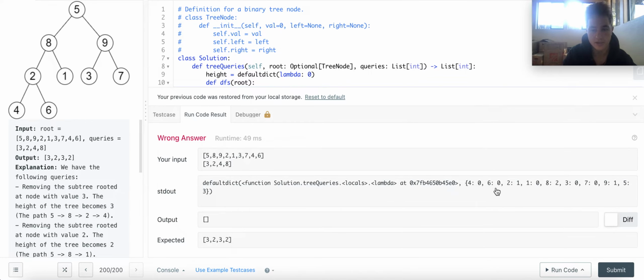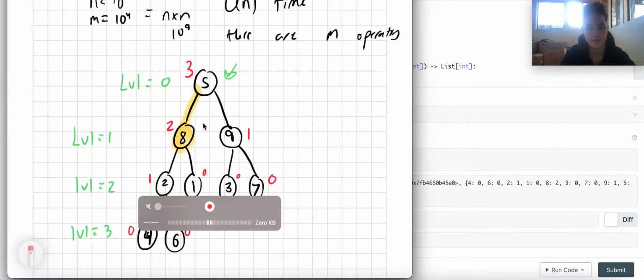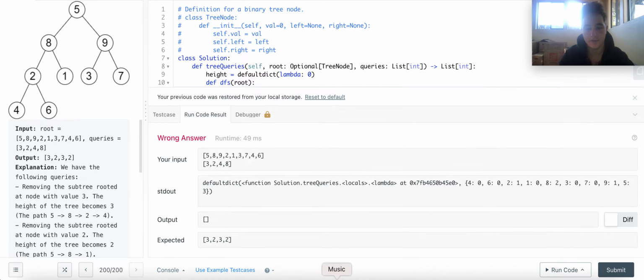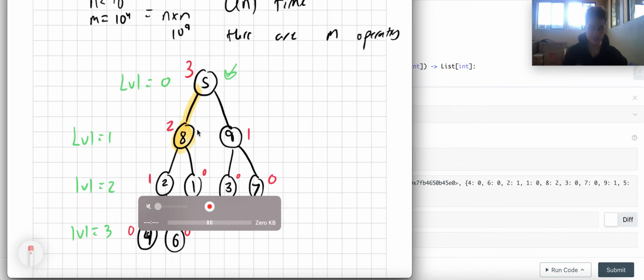Okay, 4 has height 0, 6 has height 0, 2 has height 1, 1 has height 0, 8 has height 2, right? That's more so what we were looking for here. 8 has height 2, 3 has height 0, 7 has height 0, 9 has height 1, 5 has height 3. Okay, so we're able to successfully get the heights of all these nodes.